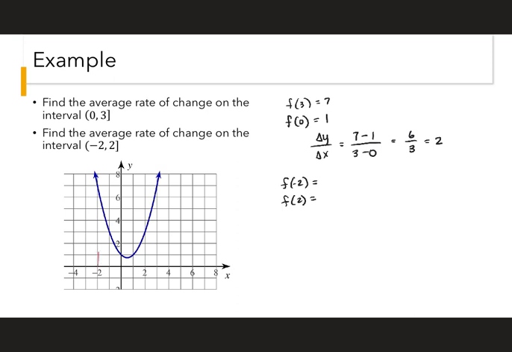So f of -2 is going to be 7. F of +2 is going to be 3. So delta y over delta x on that interval is going to be 7 minus 3 over 2 minus -2, which is a 4 over 4. Sorry, -4.